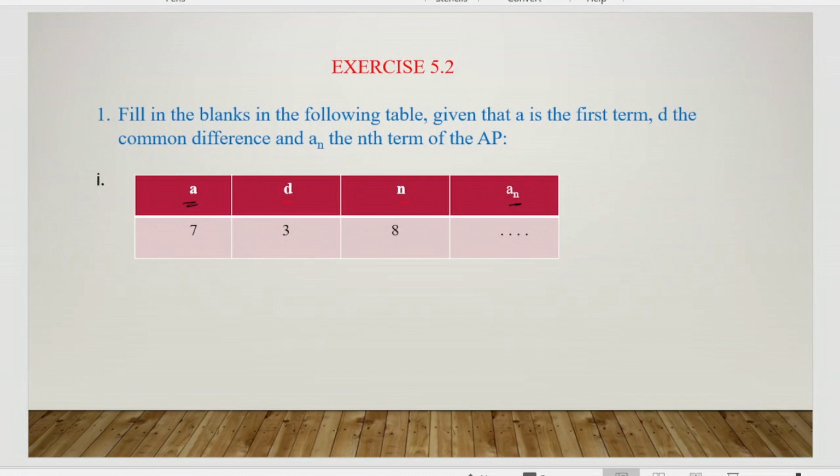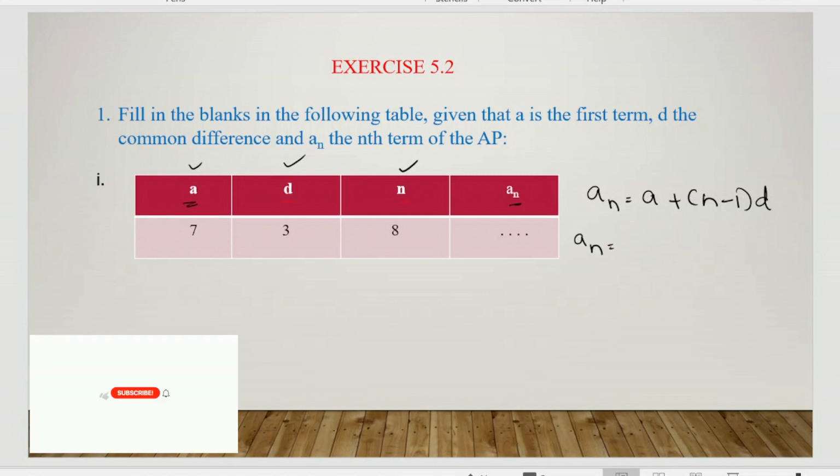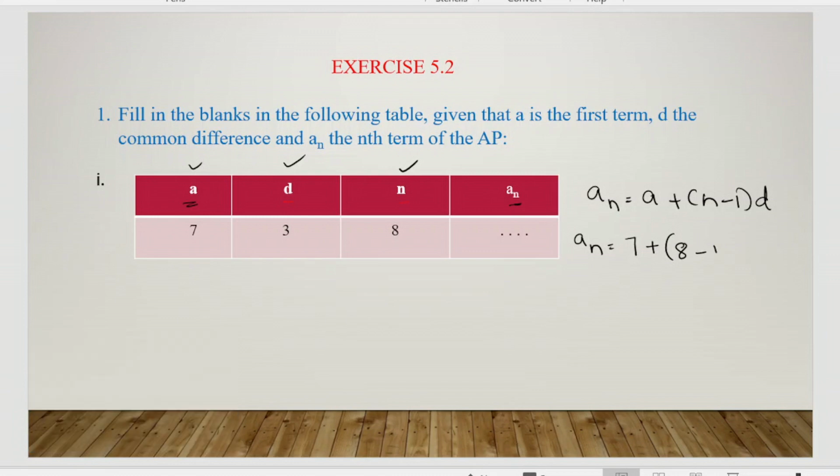So what is the formula to find the nth term of an AP, which is AN is equal to A plus (N minus 1) D. So we know the A value, we know the D value, and we also know the N value. So substitute in this formula. A is 7 plus (N is 8, 8 minus 1) into D is 3.